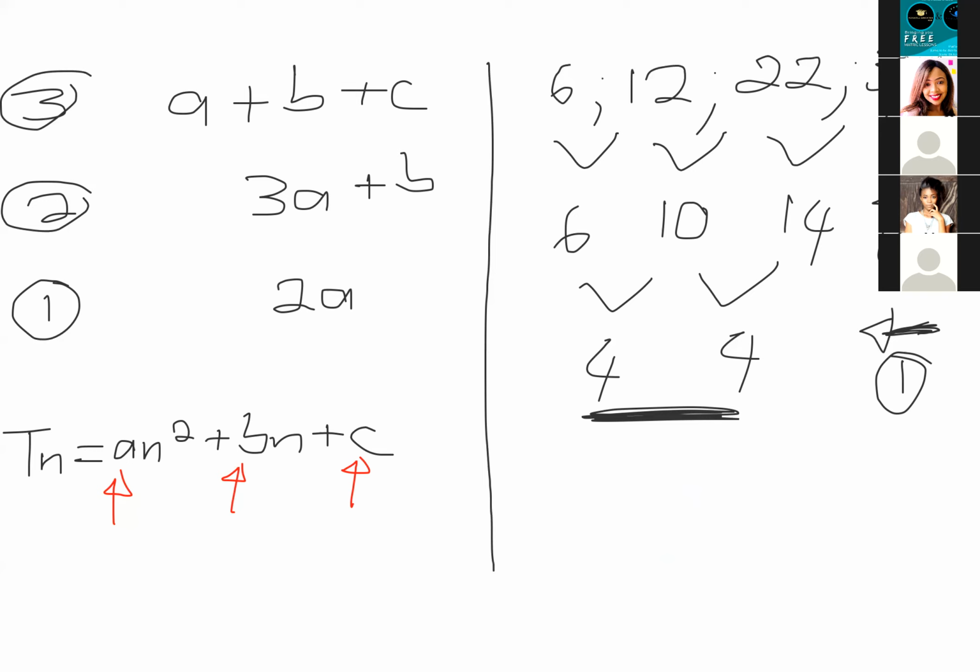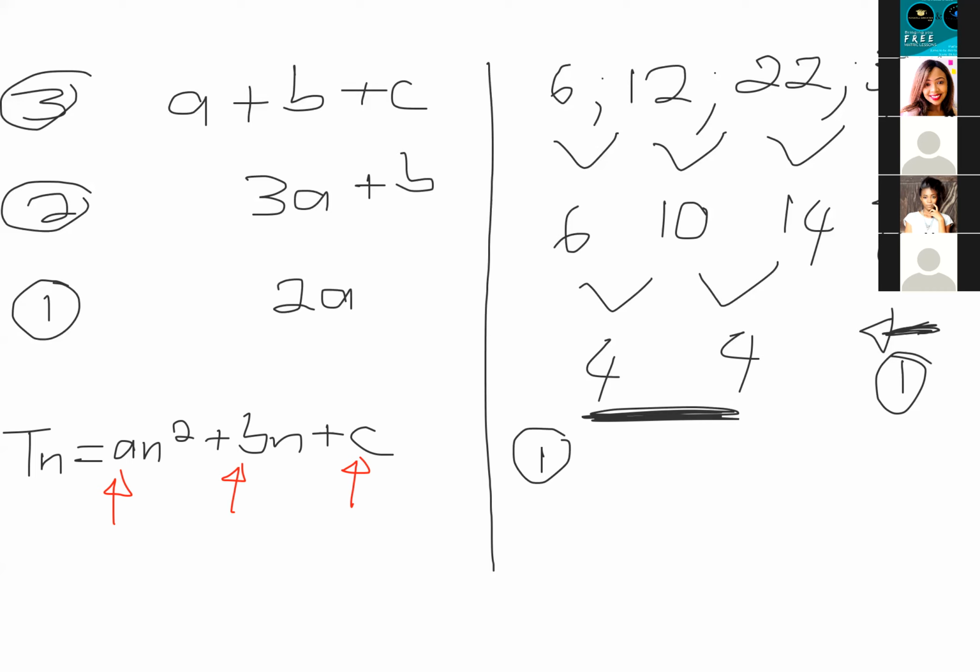So the minute I have these 3 rows here, which is my 4, 6, 10, 14, and 6, 12, 22, 36, I start making equations for myself. Where I see a 1, I equate them. So I write a 1 underneath them, right?